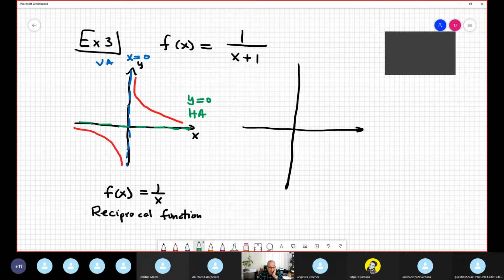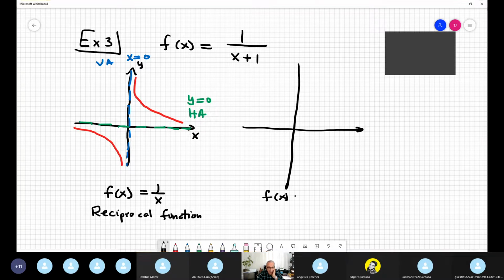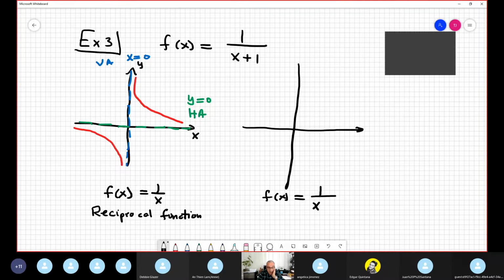Okay, and the new one we study now is a function f of x equal 1 over x plus 1. It belongs to the same family of the reciprocal function, but the transformation I saw using my eyes is the horizontal shift, 1 unit to the left because it's plus.